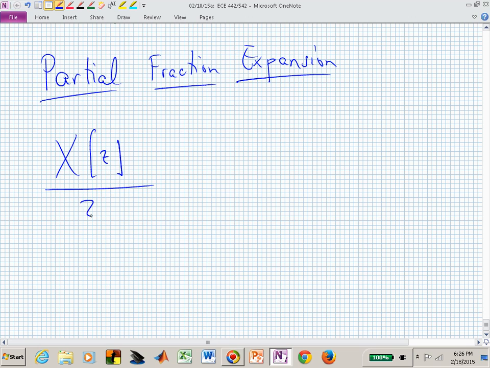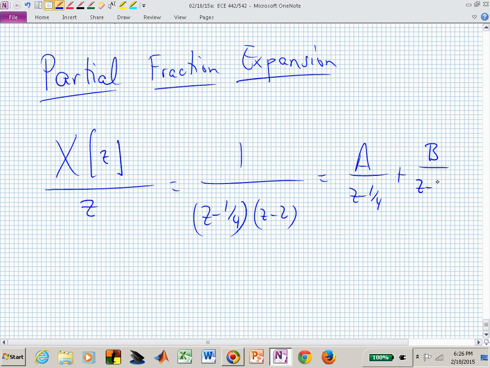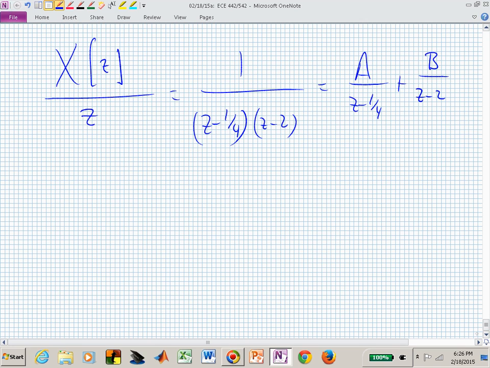We want to force eventually a z in the numerator of our expansion, and to do that we trick our partial fraction expansion process into forcing that z in the numerator by factoring capital X of z over z, which says that we now have 1 over z minus 1/4 and z minus 2, which we can now partial fraction expand into, let's say, an a and a b partial fraction expansion coefficients.